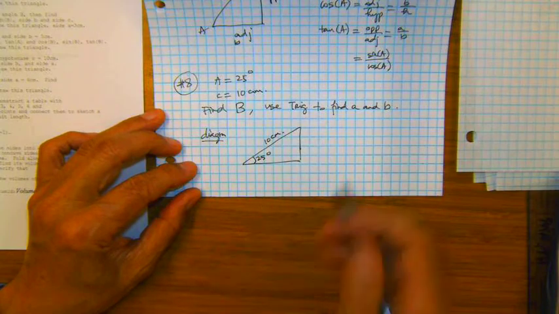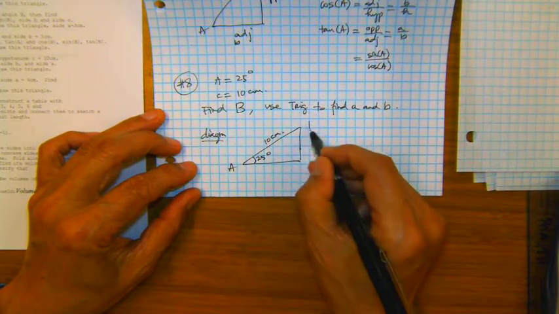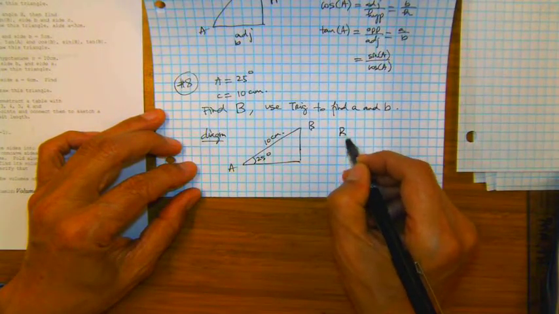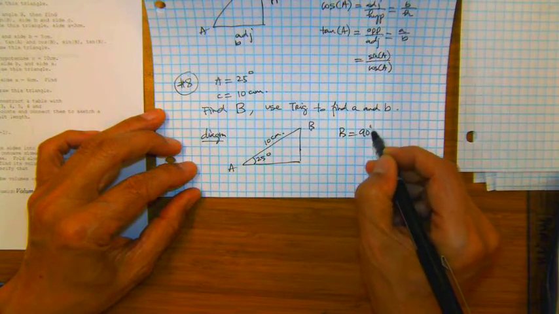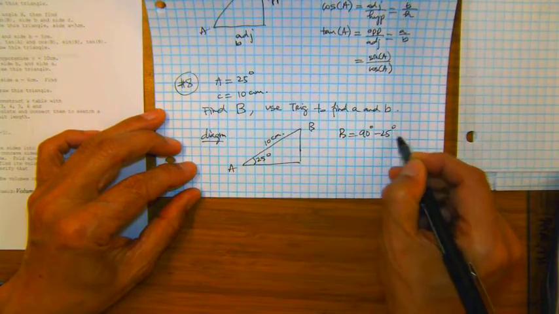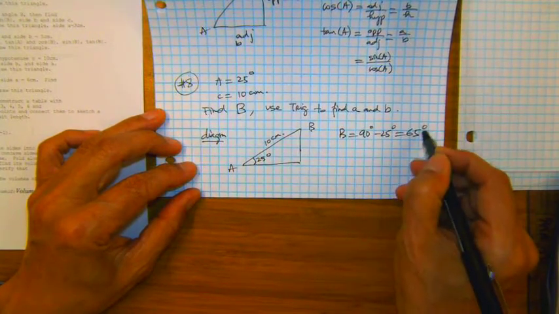Okay, so what is the angle B? B would be 90 degrees minus 25 degrees, 65 degrees.